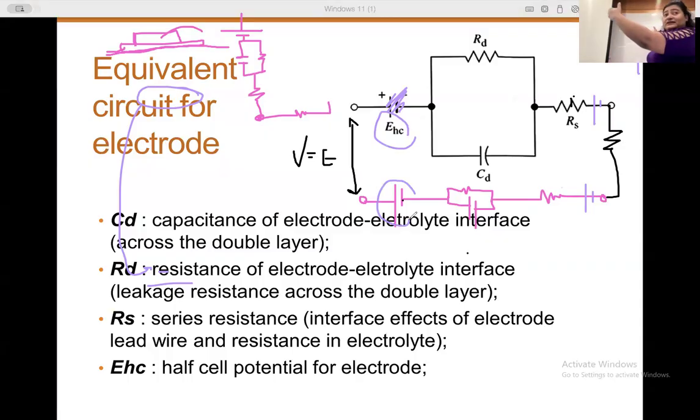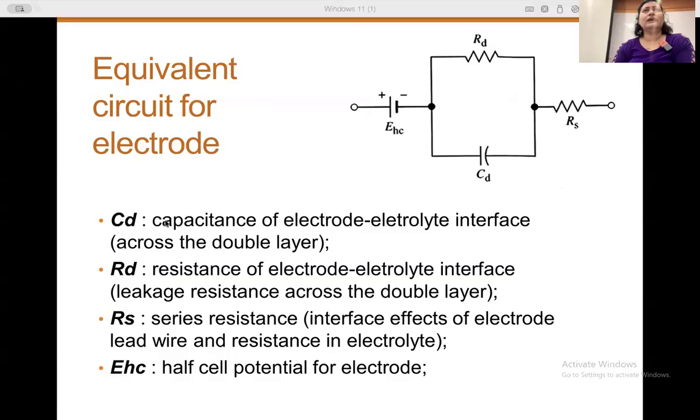When you consider the potential difference between the two, you're looking at the voltage, so you take the difference between the two half cell potentials. And if you remember from last week, one of these might be positive, one might be negative. So then you're really adding the half cell potentials, if that's the case. Any other questions?